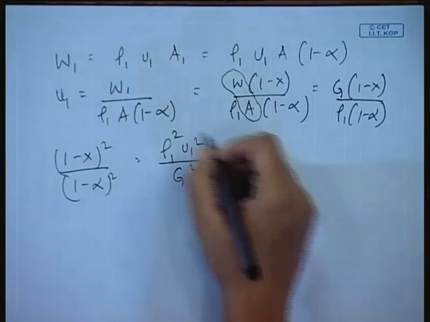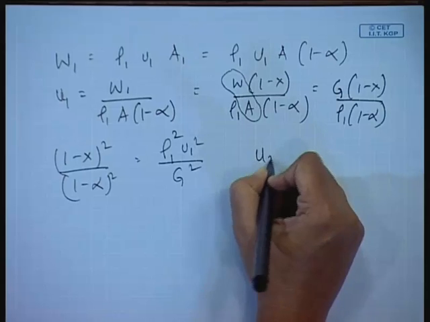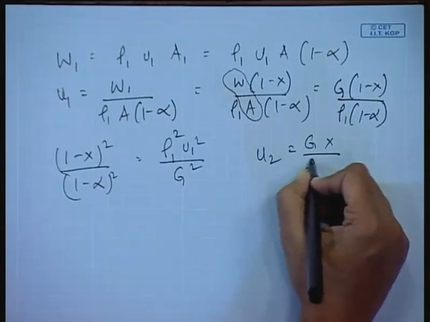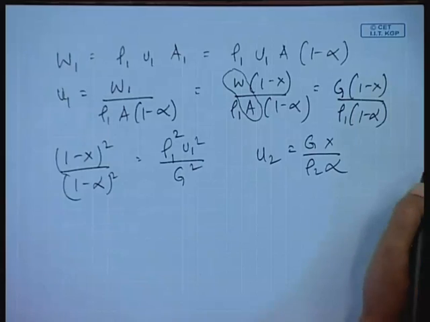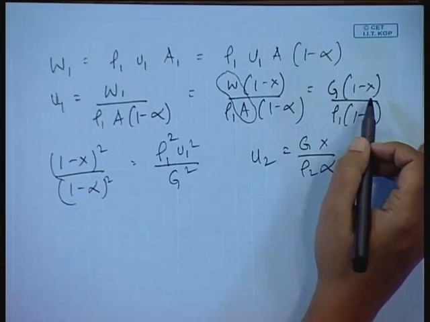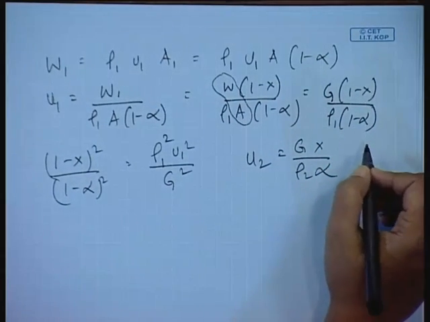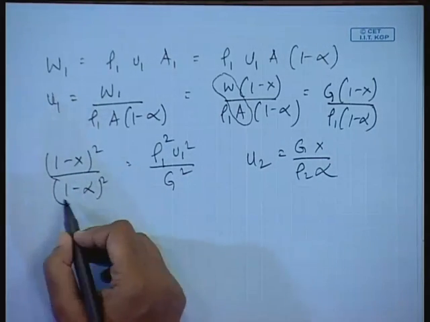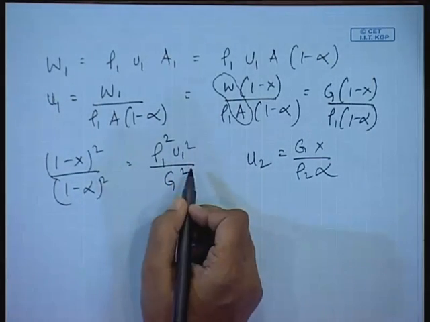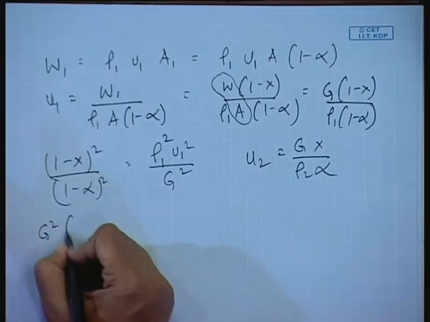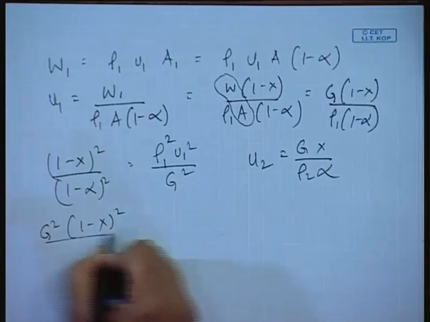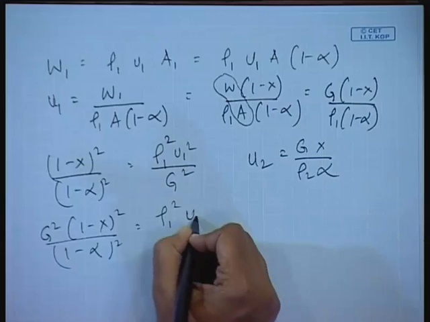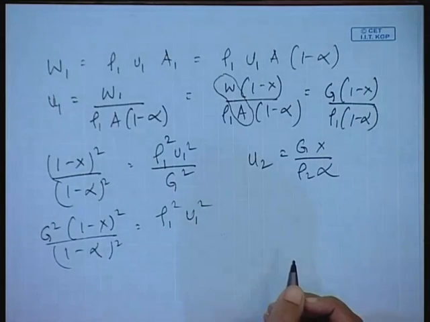Similarly, just like we have written an expression for u1, u2 also we can write down, it is just G x by rho 2 alpha. If we derive it for one, the other one becomes very easy. So, therefore, from here we have G squared into (1 minus x) whole squared by (1 minus alpha) squared equals rho 1 squared u1 squared, correct.